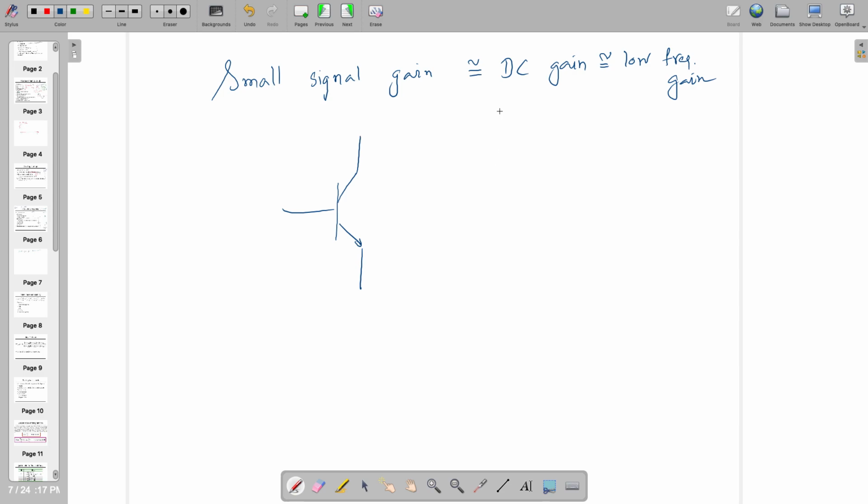So BJT, if you are drawing the frequency response, let's say something like this, don't worry if you don't know how to analyze this, it's not part of this course, right? So V out by V in is your transfer function, or gain, but with respect to frequency, it looks like this.